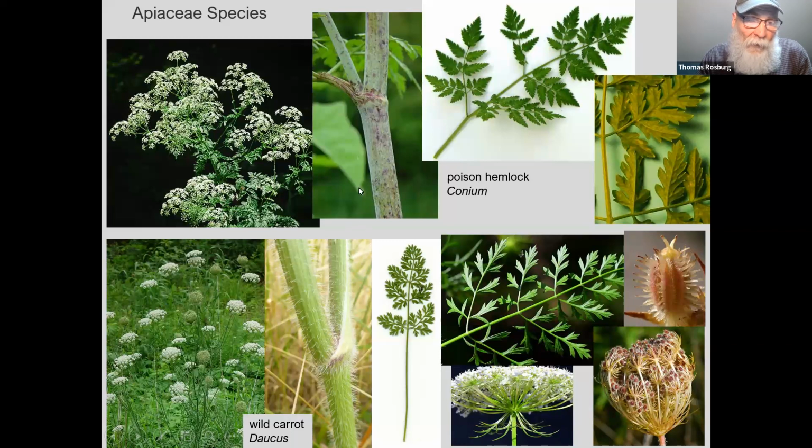But as you can see, the stems are vastly different in terms of the poison hemlock having a glabrous stem with some purple splotches and mottling. That's a good characteristic for it. Wild carrot always has some pubescence of some kind, sparse hairs here, but fairly long hairs. The leaves are usually bigger in poison hemlock and can be anywhere from 3 to 4 times compound.